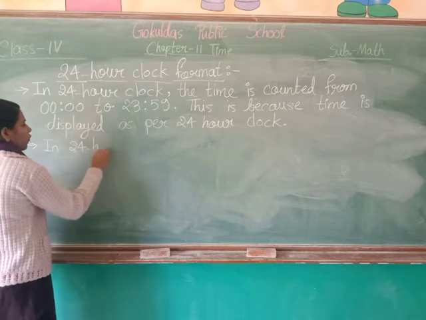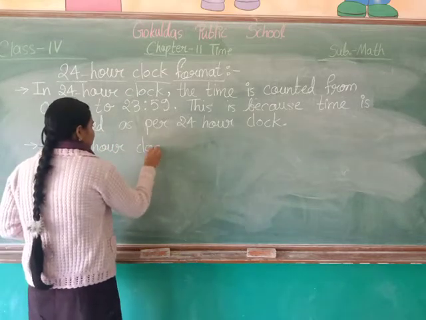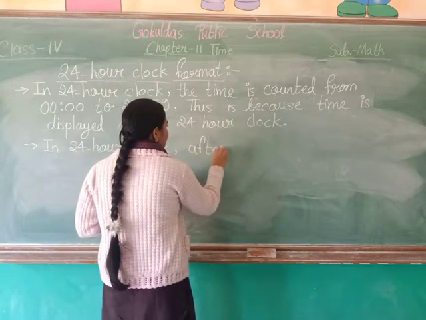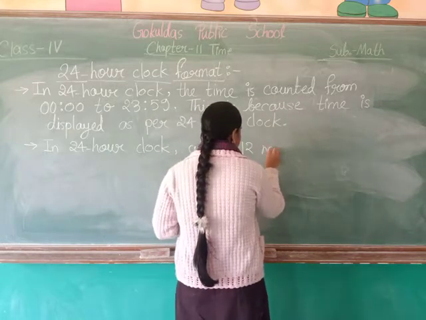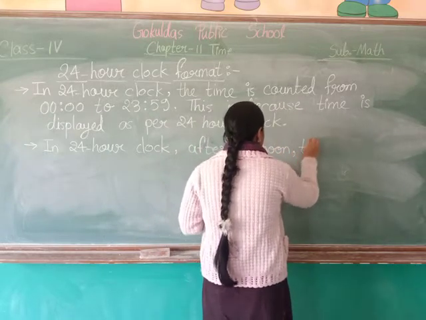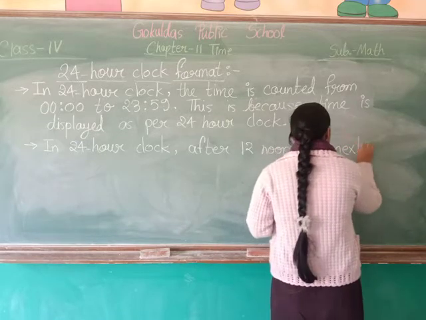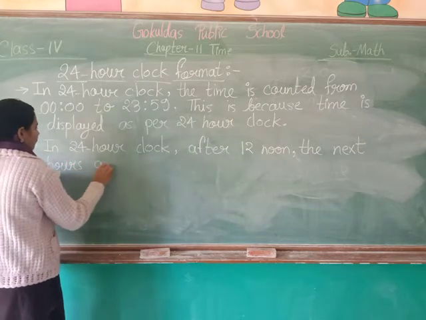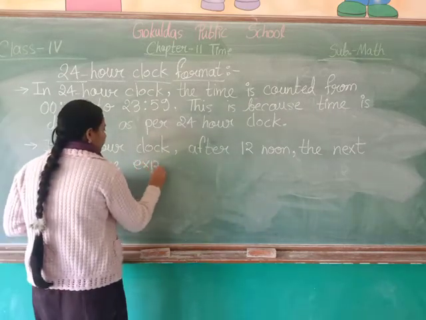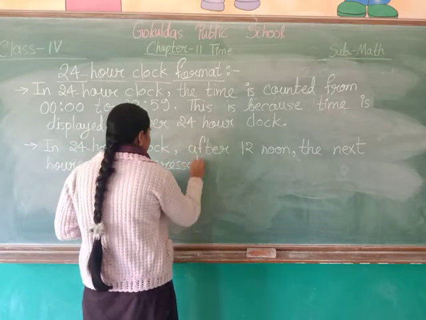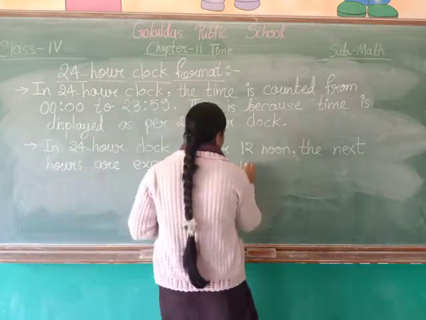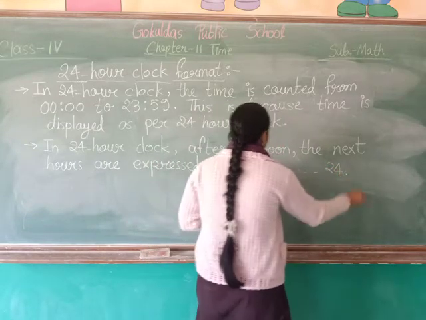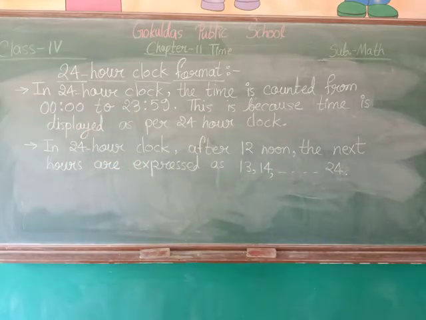In 24-hour clock format, after 12 noon, the next hours are expressed as 13, 14, 15 and so on.